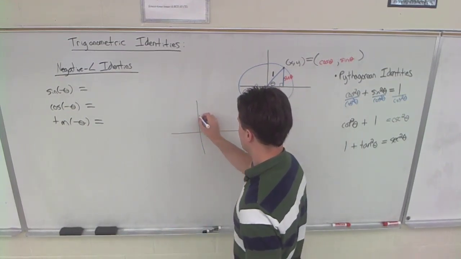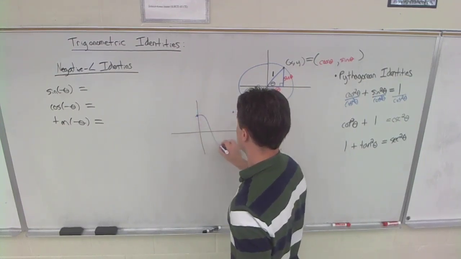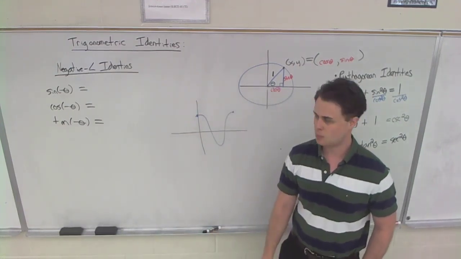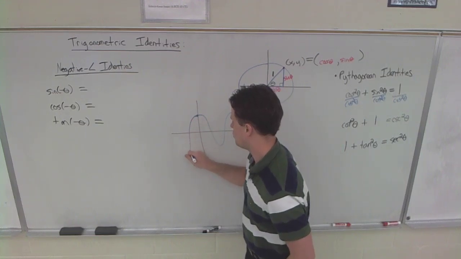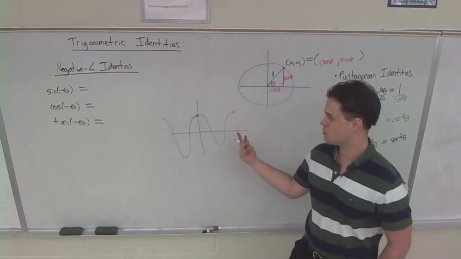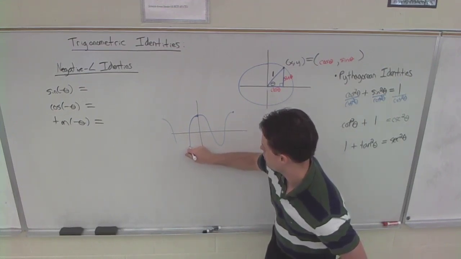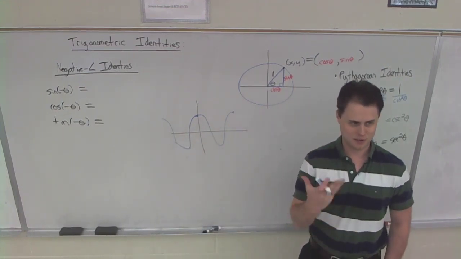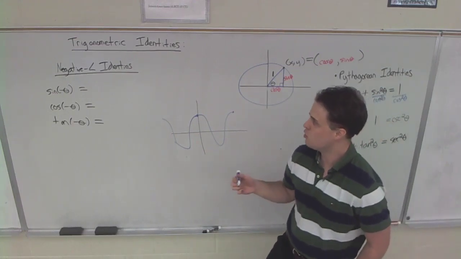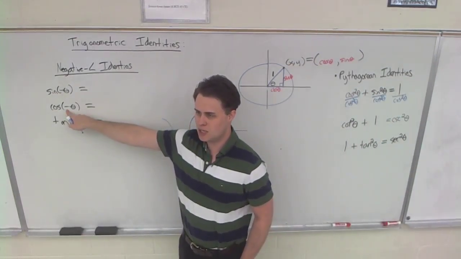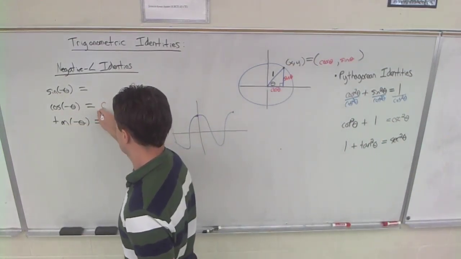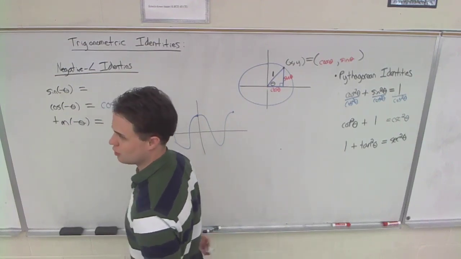Cosine starts up, it ends up, it looks like this, kind of, yeah? So if you go and finish another period over here, it looks like that. What happens if you take that shape and go like this and, you know, you actually drew the shape well? It copies onto itself. So what's that mean the cosine of negative theta is? It's plain old cosine.